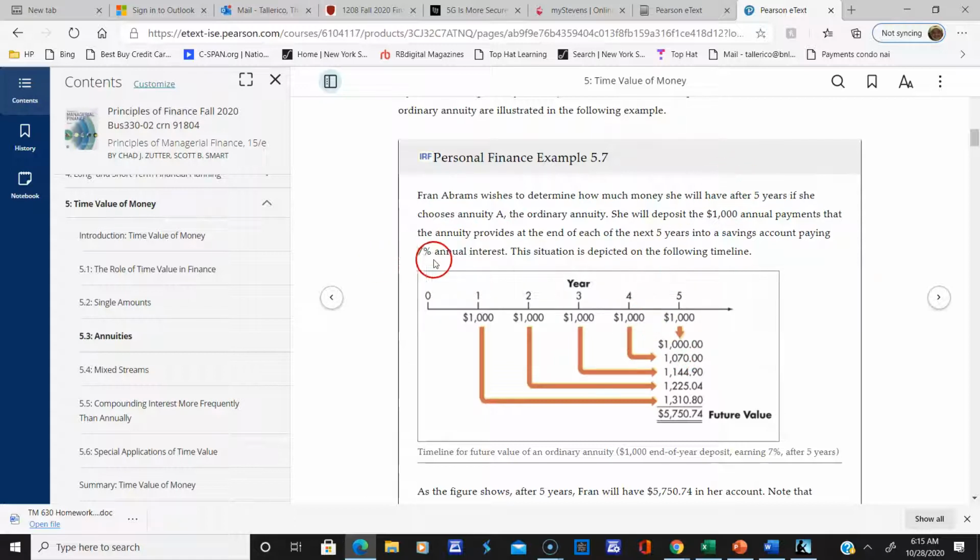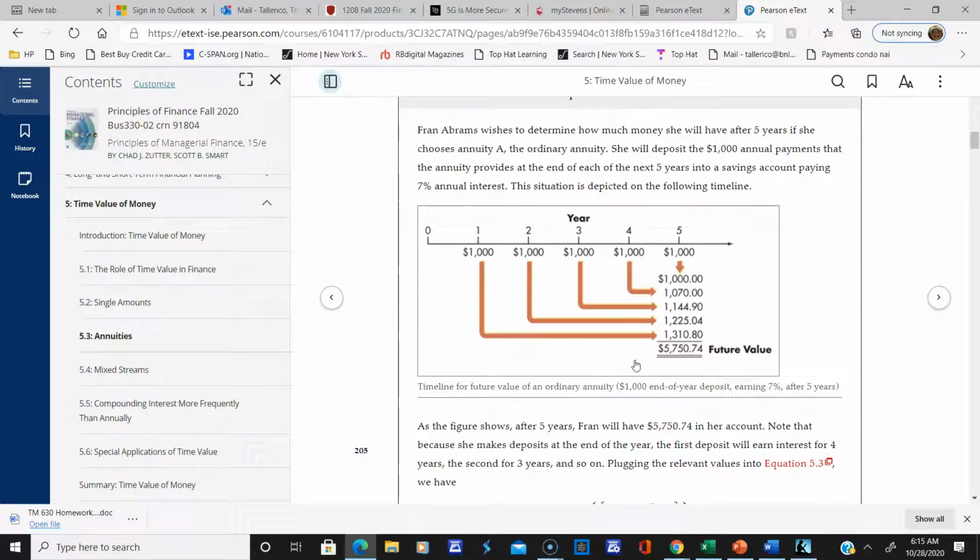So you can see these payments going in. So after 5 years, instead of having just 5,000, which would be 1,000 a year, she ends up with an extra $750.74. Okay, so that's good to see.